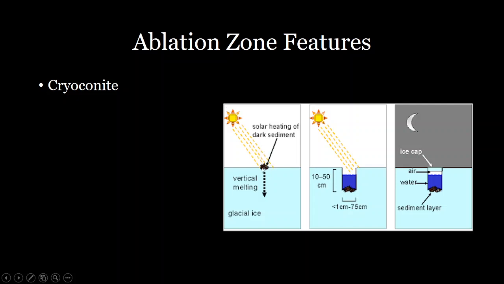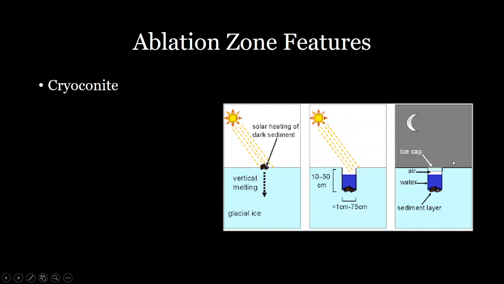as it does, it melts into the ice and forms a hole, and that hole tends to be 10 to 50 centimeters deep and 1 to 75 centimeters wide, and it will form this little melt pond, little pocket of meltwater that kind of protects it from absorbing more radiation.